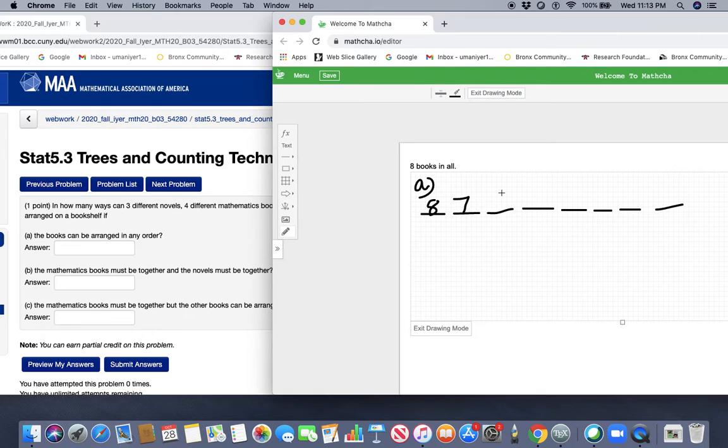Second book you have 7 options. Third book you have 6 options because you have made this choice. One book is chosen. Second book is chosen. Third book is chosen. So you have 5 books left. After 4 books, 4 books left. After having chosen 5, you have 3 books left, 2 books, and finally 1 book. So this is a factorial. 8 times 7 times 6 times 5 times 4 times 3 times 2 times 1.